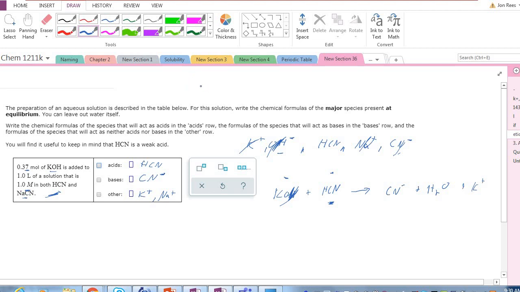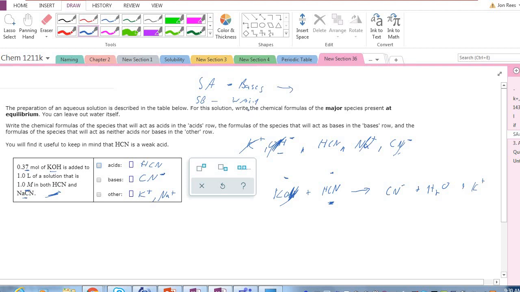So just a really quick review here. Know that strong acids are going to react to completion with all bases, weak and strong. Okay, and in these problems, it's usually a strong acid with a weak base. And then keep in mind the concentration. Know that strong bases are going to react to completion with weak acids.